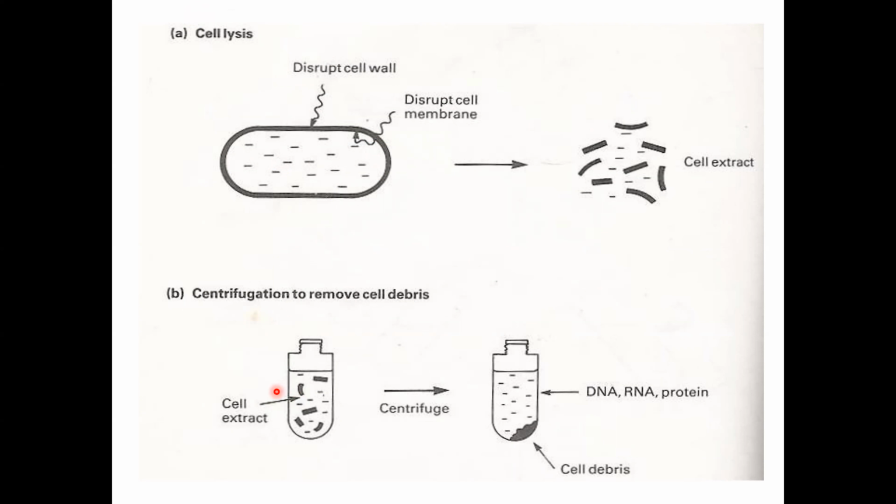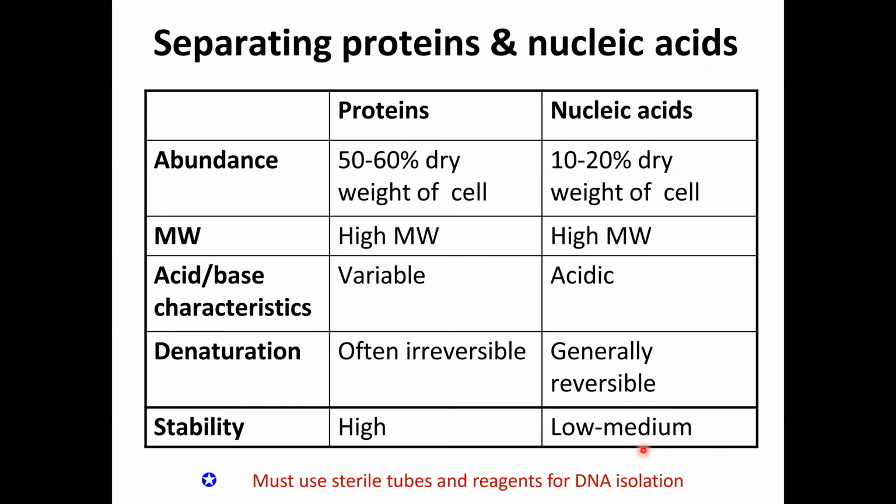You add some detergents or reagents and then centrifuge, usually 10 to 15 minutes. The top layer contains the DNA, RNA, and protein, whereas the lower part is cell debris.